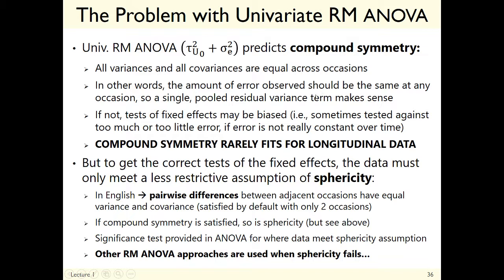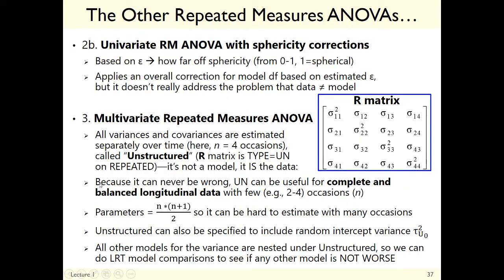And then if that is wrong on your output, you're given like 4 different versions, like Huynh-Feldt and Greenhouse-Geisser, and all these people who wrote their dissertations or something, making up new versions of F statistics. That's like putting a Band-Aid on a broken arm. It makes the whole thing more conservative, but it doesn't solve the problem as to why compound symmetry doesn't fit. It doesn't allow you to add anything to the model that makes it more realistic. So the in case of emergency version of ANOVA then is the multivariate approach.